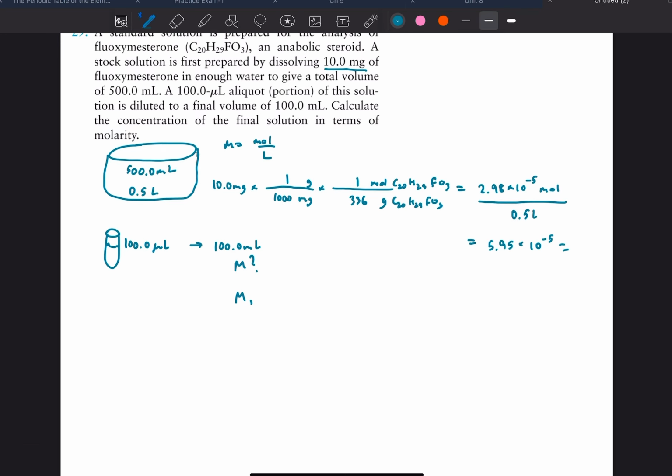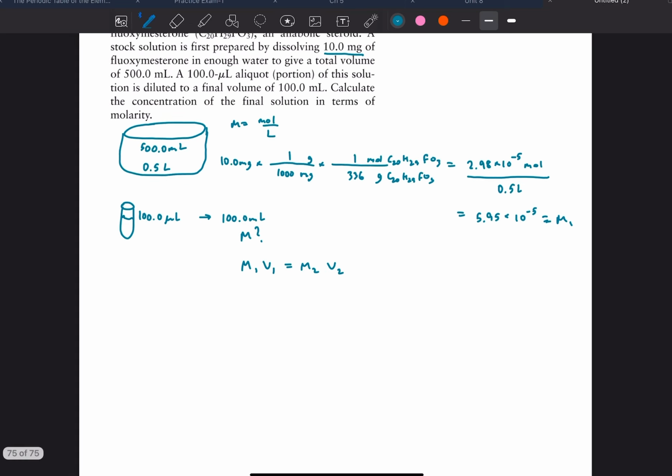This is our M1. Our V1 is going to be this volume of 100 microliters, but we need to convert it to liters. Our M2 is what we're solving for, and then our V2 is going to be that final volume of 100 milliliters, which we also need to convert into liters. So this is an M1V1 equals M2V2 problem.